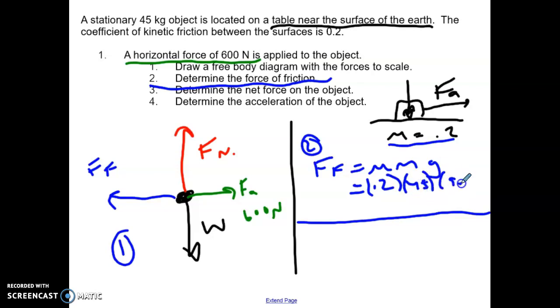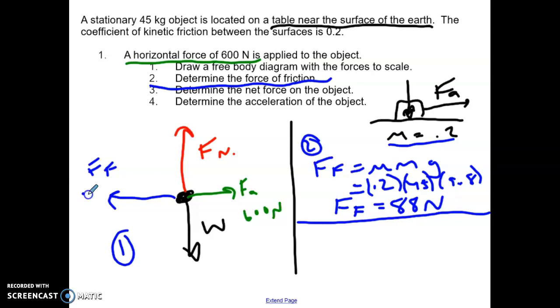G is given as 9.8. If I grab my calculator and do that math, 0.2 times 45 times 9.8 is equal to 88 newtons. It's 88.2, but the force of friction is 88.2 or just 88 newtons.